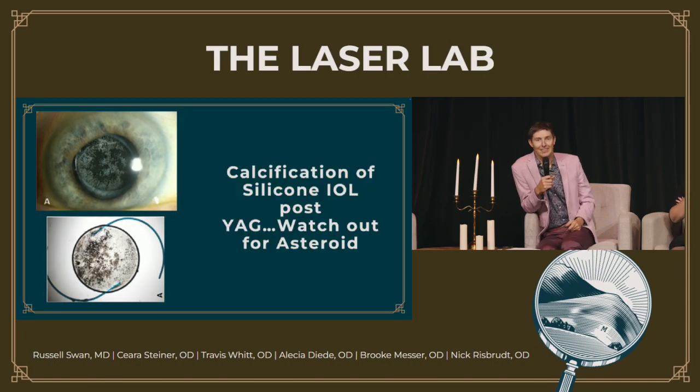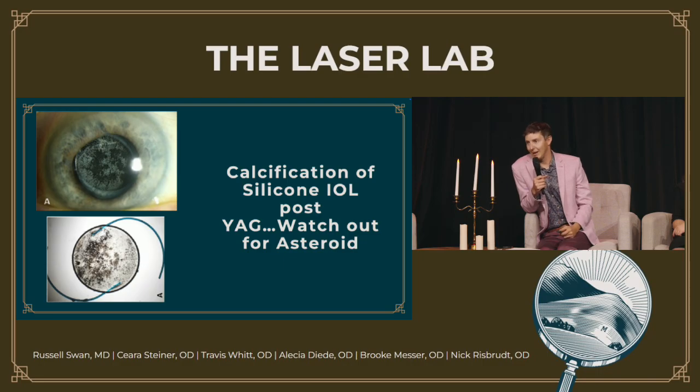So this is actually a pretty well-described phenomenon where you'll get calcification of a silicone-based IOL post-YAG interacting with asteroid. So asteroid plus a silicone IOL that's had a YAG is not always, but very commonly can lead to calcification of the posterior aspect of the lens. This is a non-YAGable problem.